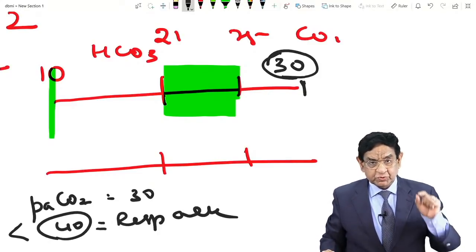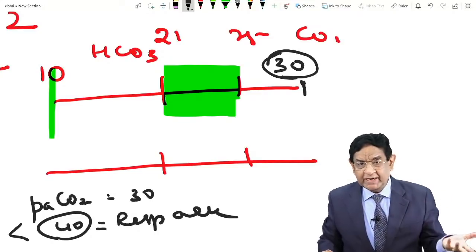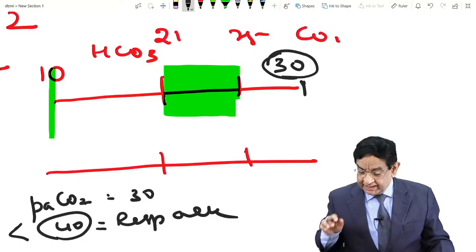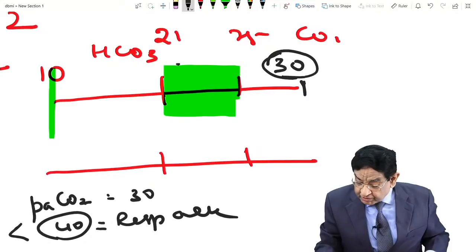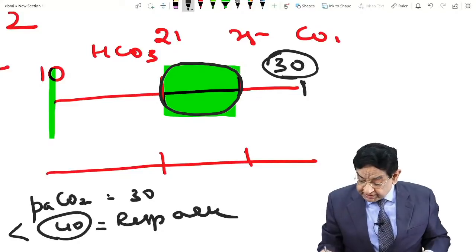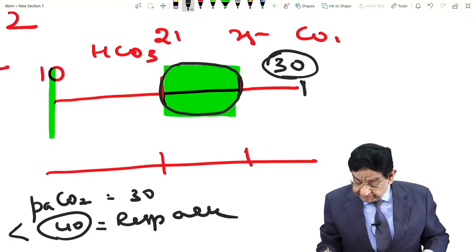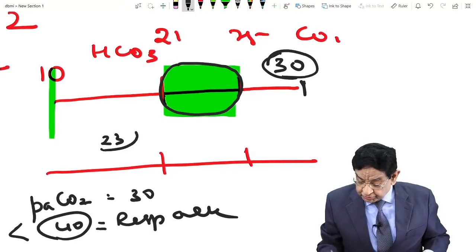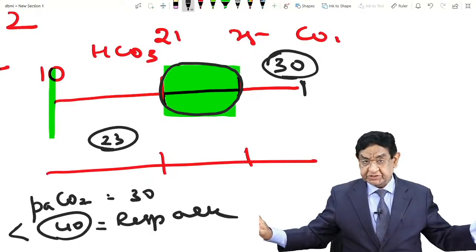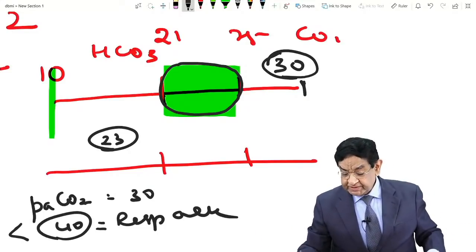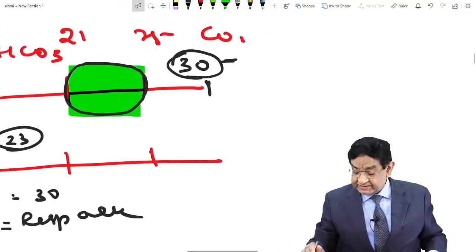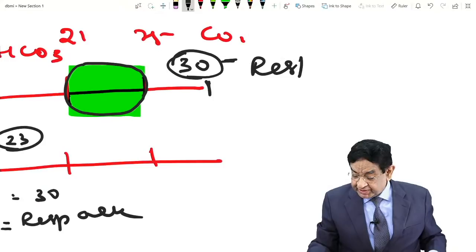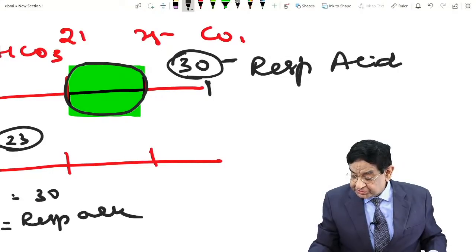So whenever you get any question, you calculate as per Winter formula. If it is in the range, like in our question where bicarb was 10 and the range was 21 to 25, suppose the CO2 was 23, we say it is adequately compensated. But if the CO2 is 30, which is not in the range, we still call it a case of respiratory acidosis.